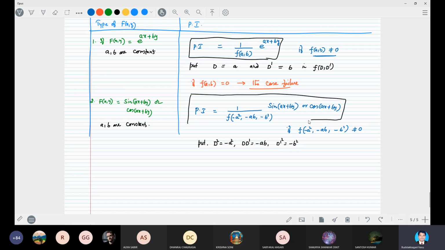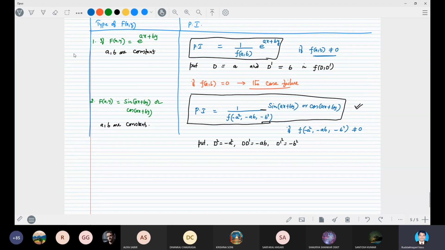Because a and b are constants, therefore f of minus a square comma minus ab comma minus b square also becomes a constant. This constant may be 0 or may not be 0. If it is not equal to 0, then the particular integral will be this much.